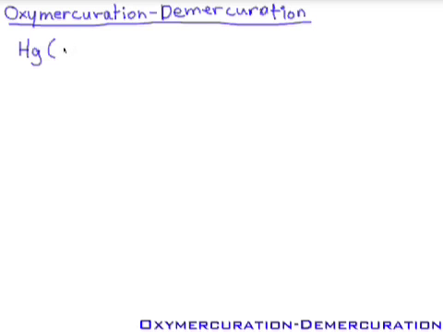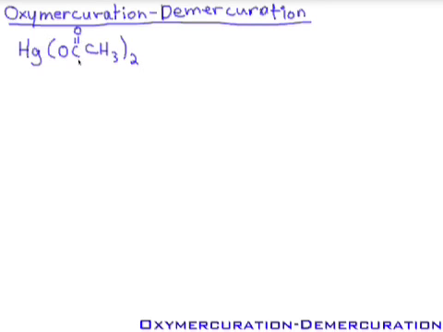Excuse me. Now, acetate is a C double bond O, CH3. What I've drawn here is the oxymercuration product, and we're preparing the reagent.